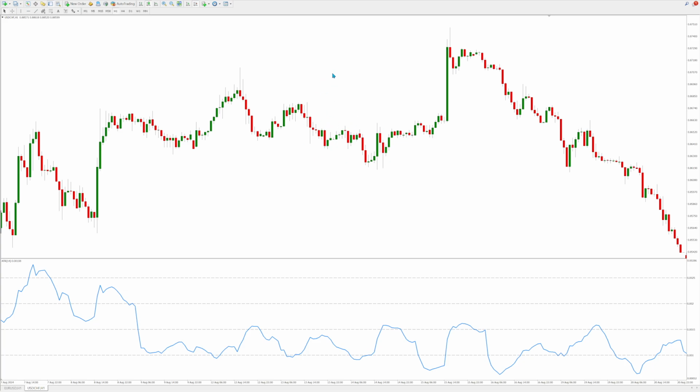Around the Asian trading session, a pair without any of the currencies predominantly involved in the Asian session and a low ATR value, so a low range, might be a good time if you're trading a strategy that relies on low volatility.